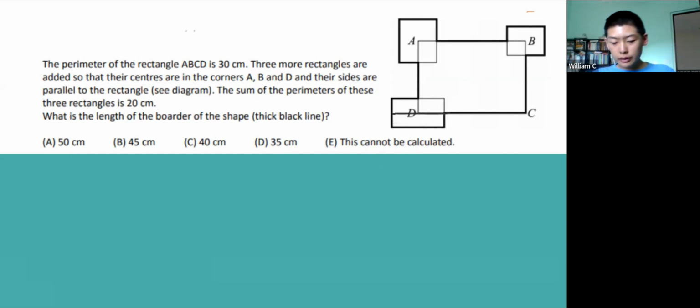Notice that we can flip this part of the rectangle over to this part. Therefore, all we add is this part, half the rectangle. Add half of the total perimeters of A, B, and D. Sum of the perimeters of these is 20 centimeters. So we're adding 10 centimeters. And 30 plus 10 is 40. So the answer is C.